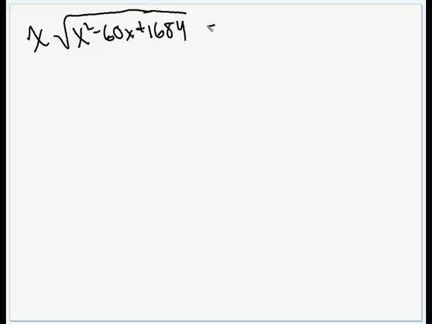So if we cross multiply there, we're going to have x times our larger radical, the square root of x squared minus 60x plus 1684. And that's equal to the quantity 30 minus x times the square root of x squared plus 144.